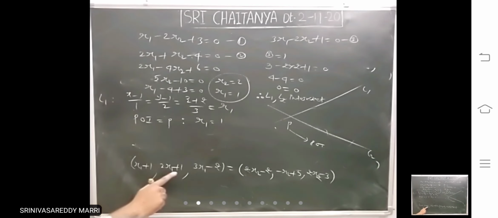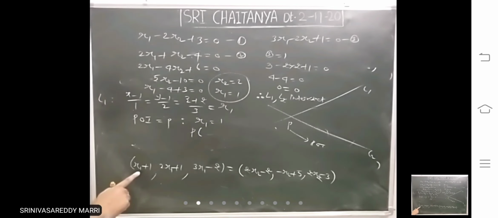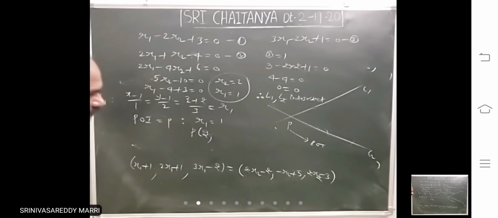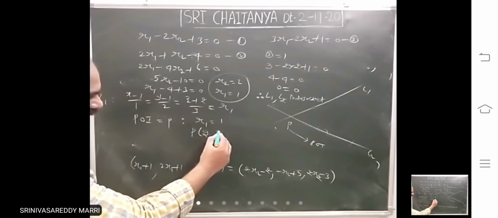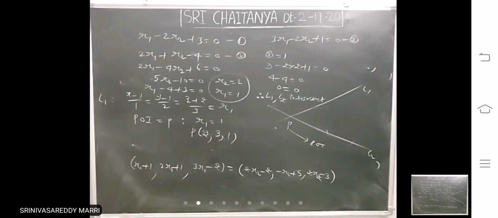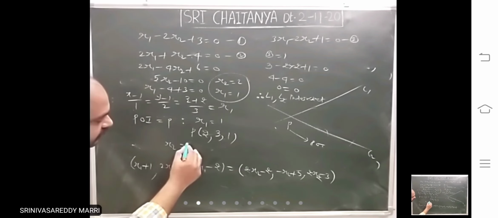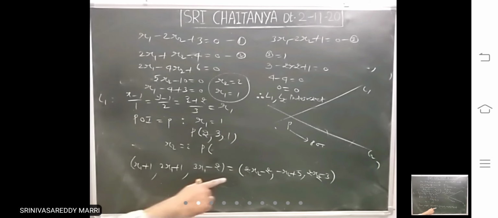Look, in this point, R1 equal to 1, if you substitute P, what you will get? You will get 2, you will get 3, you will get 1. This is the point. Suppose in this also, you substitute R2 equal to 2.